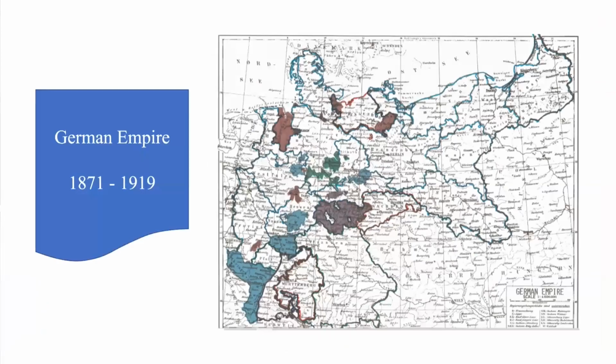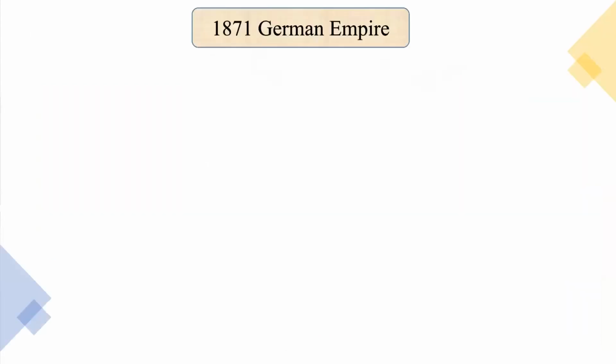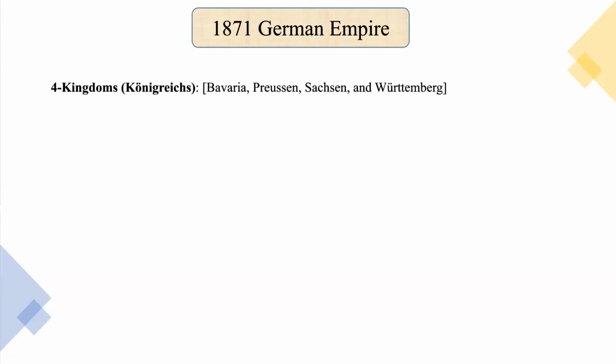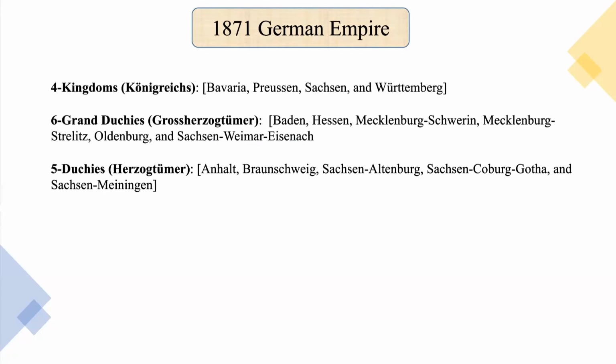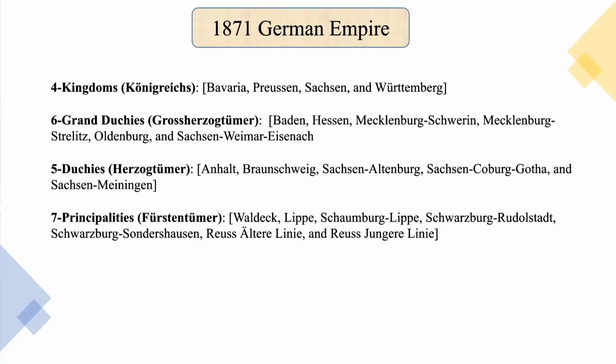The German Empire from 1871 to 1919. More information is available for towns, governments, nobility, and provincial areas pertaining to the 1871 German Empire than ever before. The German Empire of 1871 was made up of the following nobility areas: 4 kingdoms or Königreiche, 6 grand duchies or Großherzogtümer, 5 duchies or Herzogtümer, 7 principalities or Fürstentümer, and 3 free cities, Freienstädten.